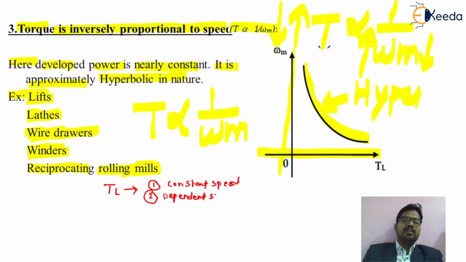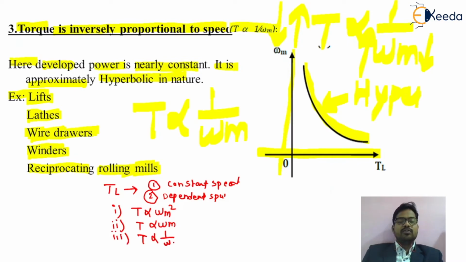In dependent on speed there are three possibilities. First, torque is proportional to the square of the speed. Second, torque varies linearly with the speed. And third, torque is inversely proportional to the speed.